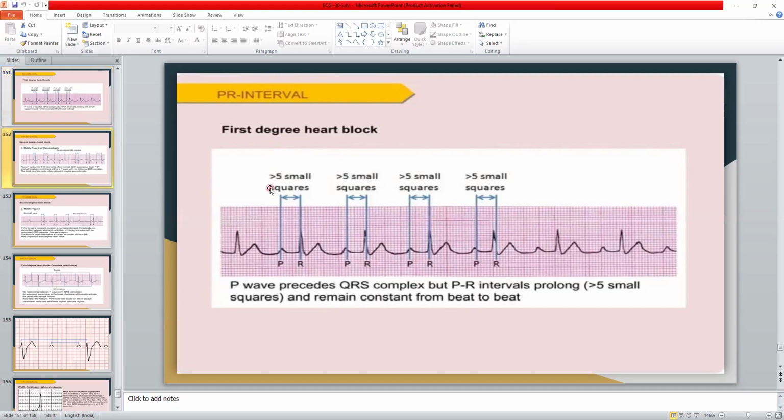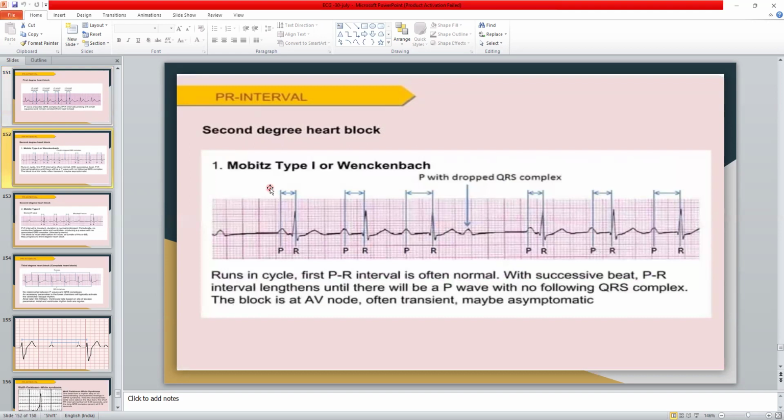In second degree block, that is in type 1, any beat can be normal, followed by beats which have a prolonged PR interval. This PR interval duration will not be the same.